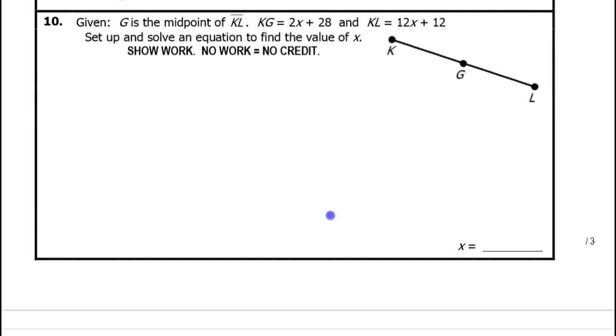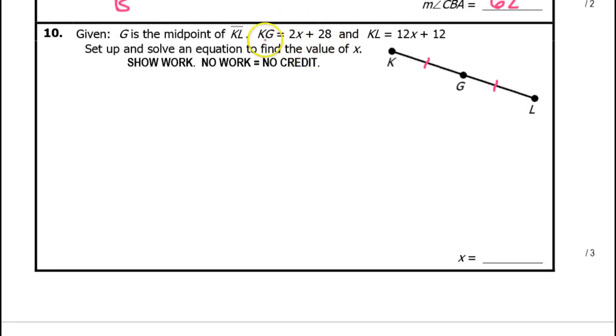Okay, for number 10, they were nice enough to give us a picture. They're telling us that G is the midpoint, which means that these two segments are congruent to each other. Let's see, KG is 2x plus 28. So I'm going to color code this a little bit. So here's KG.